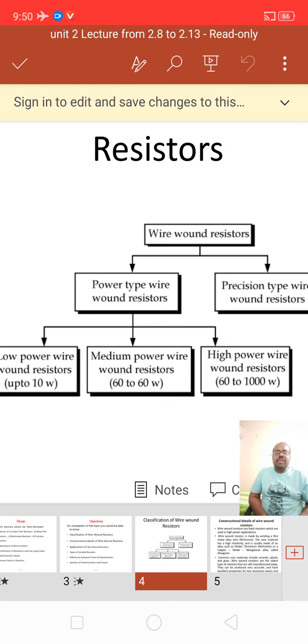Second one, precision type wire wound resistors. Again, power type wire wound resistors are divided into three types. First one, low power wire wound resistors. Second, medium power wire wound resistors. Third, high power wire wound resistors. Okay, these are the classifications of wire wound resistors.